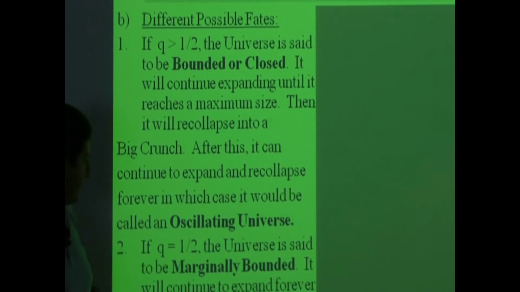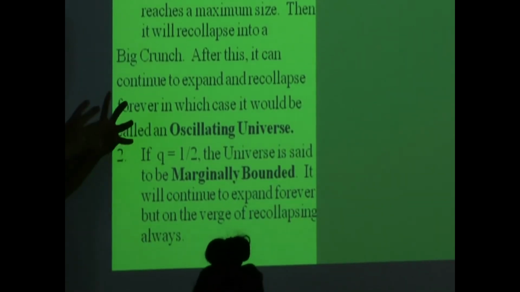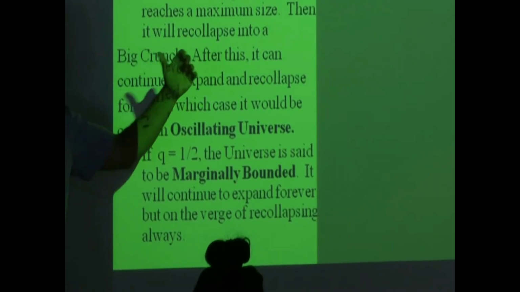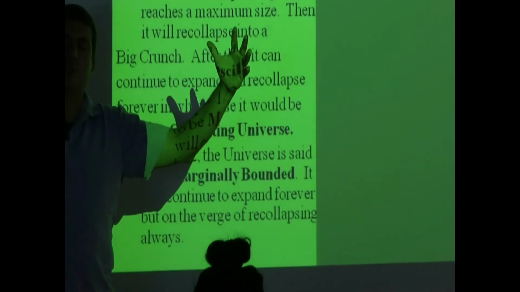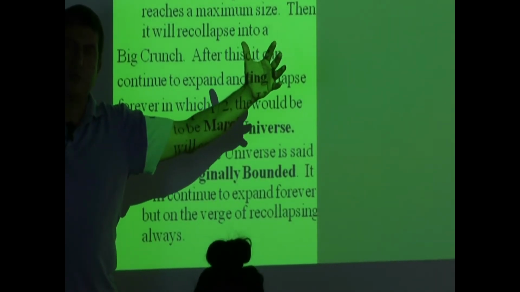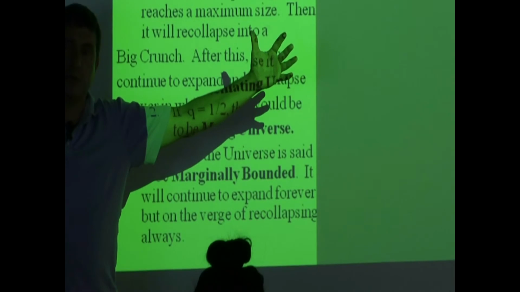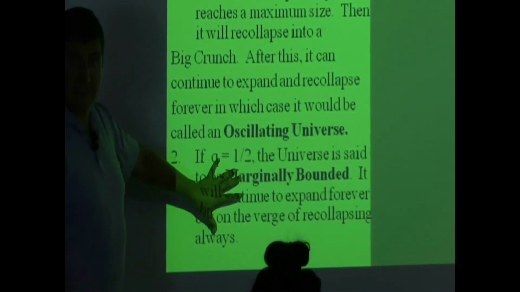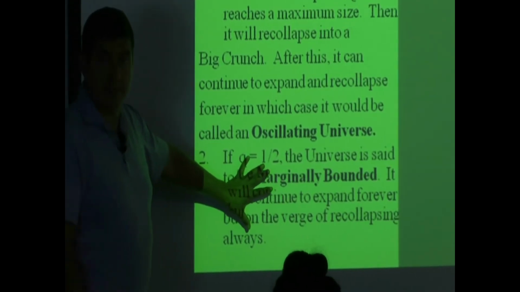If Q is a half, the universe is said to be marginally bounded. It will continue to expand forever, but it will be on the verge of recollapsing. So it's going to continue to expand, but slow down and slow down, yet always expanding. Before 1998, this was a very good option.